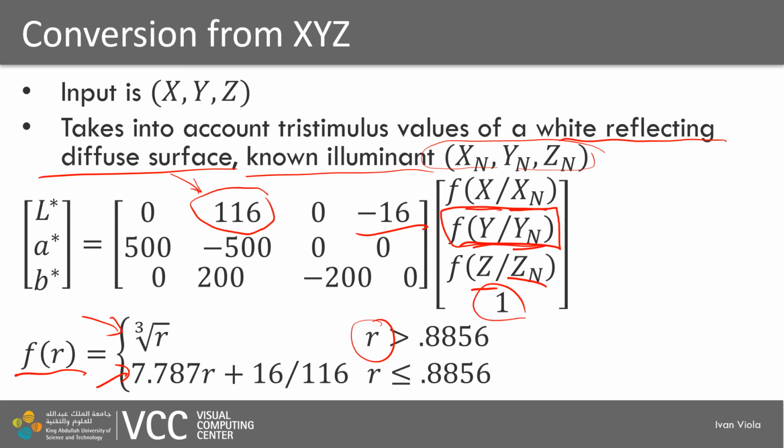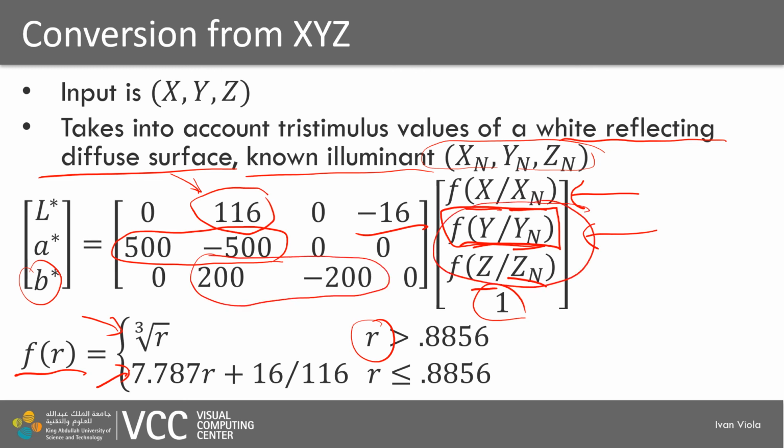For the A, the first two components are defining the color opponency, and for the B, we have the second and third component defining the color opponency. And this is how the LAB values are being determined, also with this complex function here.